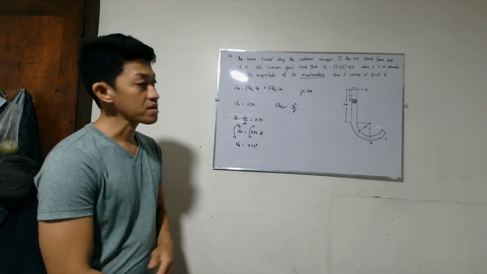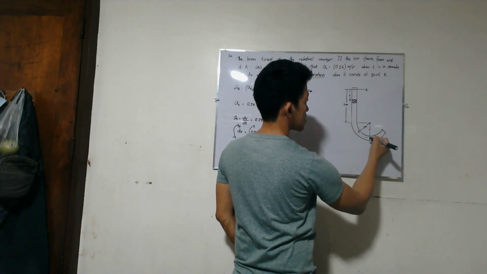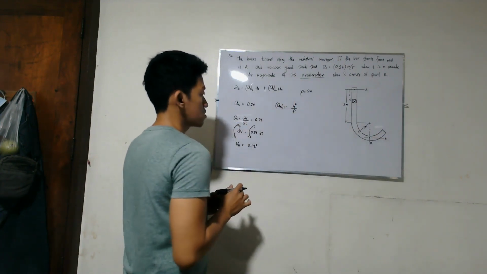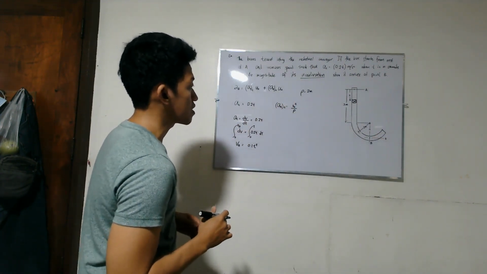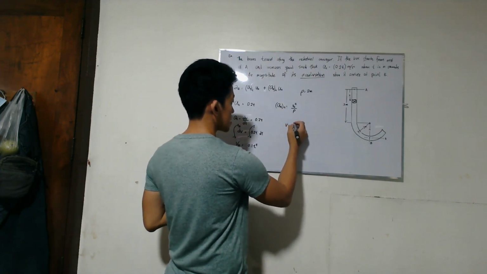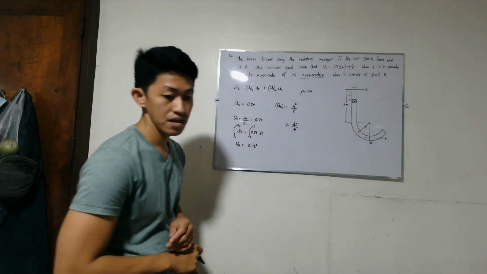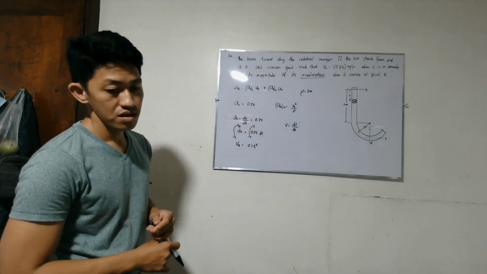Unsa ang time? Time from diri, kanus-a naabot diri ang box. Let's recall that velocity is ds over dt. Okay?